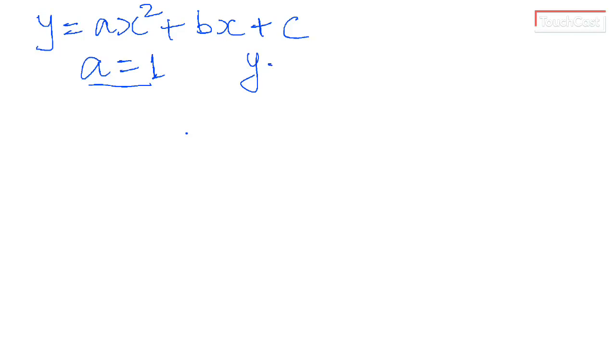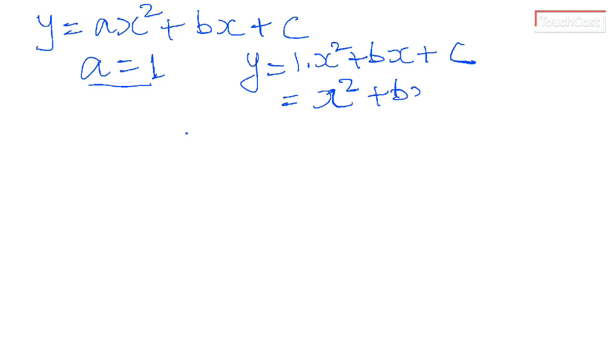So our part of the equation, which is not the final answer, is 1 times x squared plus bx plus c, which gives you x squared plus bx plus c.